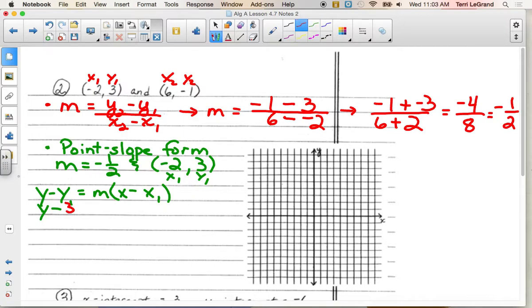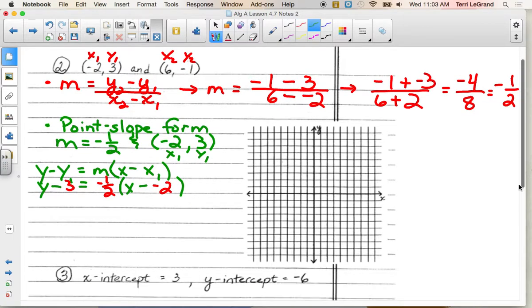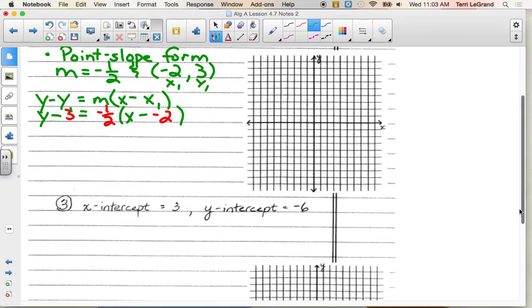Just like we do when we substitute into the slope formula, we leave the subtraction while we're substituting in. Okay, so our substitution step.